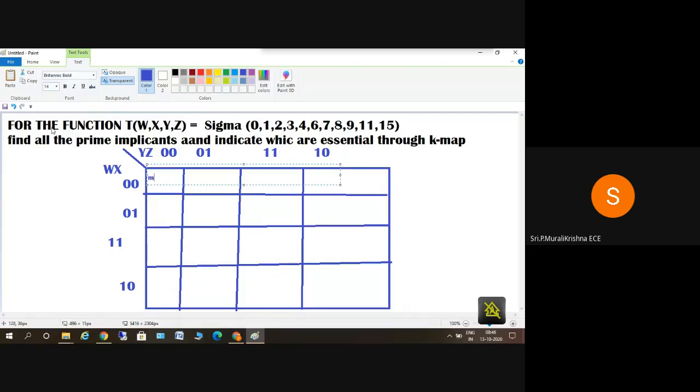So M0, M1, M3, M2, then M4, M5, M7, M6, in the next row M8, M9, M11, M10, and M12, M13, M15, M14. Yeah, very good. You have to do this for every problem.